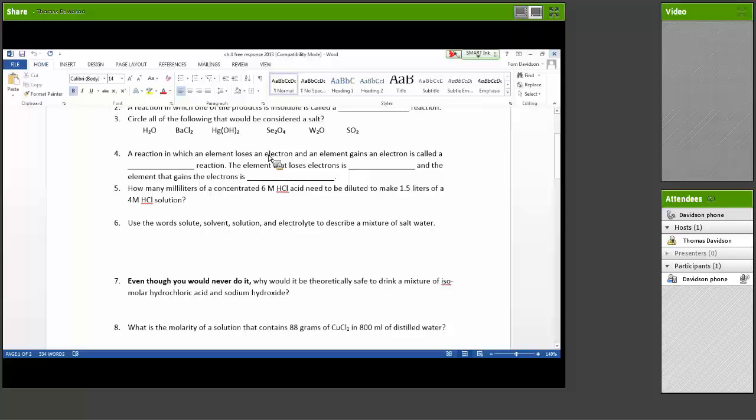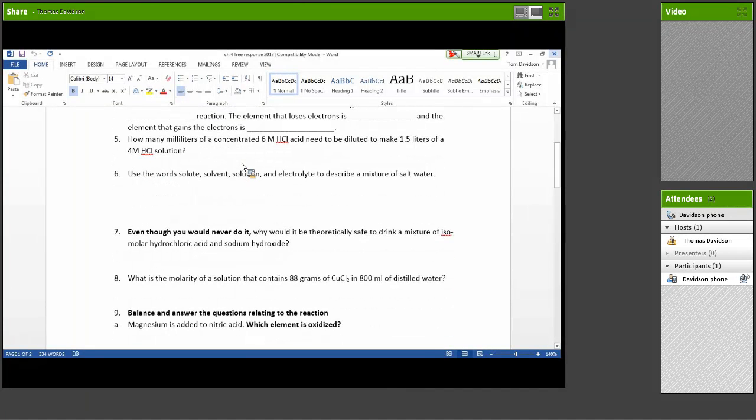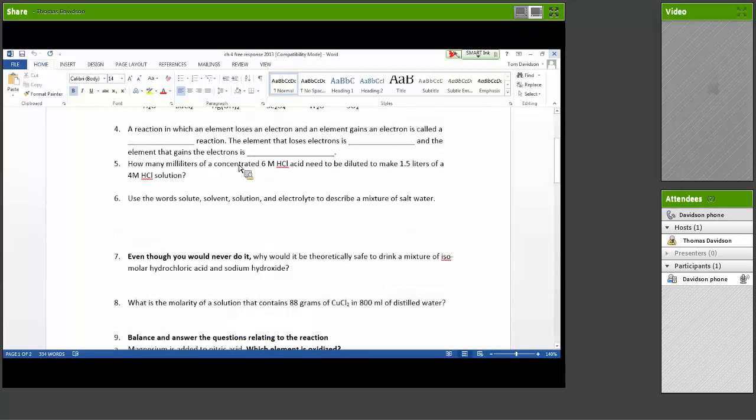Last hour claims that they had no idea how to answer this question. Which of the following would be considered a salt? A salt simply means a metal-nonmetal pair. I don't know how I did not say that a million times to them like I did to everyone I've ever taught. But look for a metal-nonmetal pair.